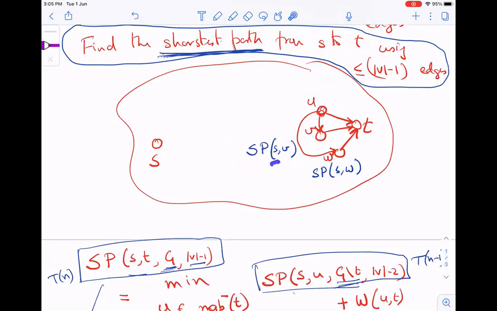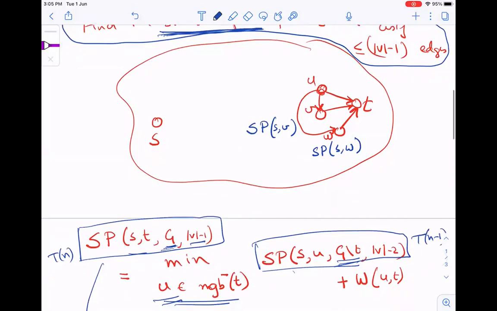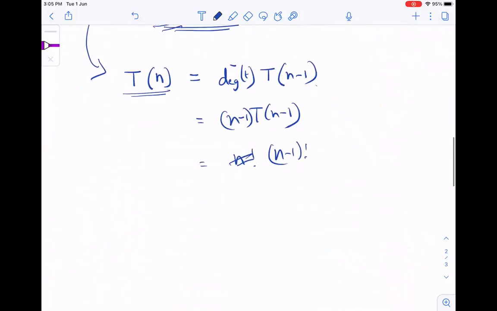My shortest path from S to V, to calculate that, because there is an edge from U to V, I want to go to U and then, what is the shortest path from S to U in n minus 3 steps, right? So this is the first round. In the next iteration, or maybe this is how you can write it.